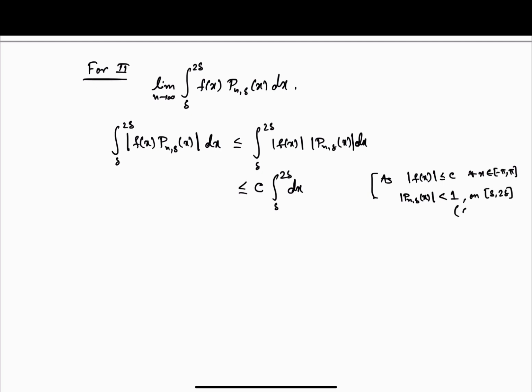This follows from case 3. So this is saying c times delta, which is finite. So the integral from delta to 2 delta of f(x) p_n,delta(x) dx is absolutely integrable.